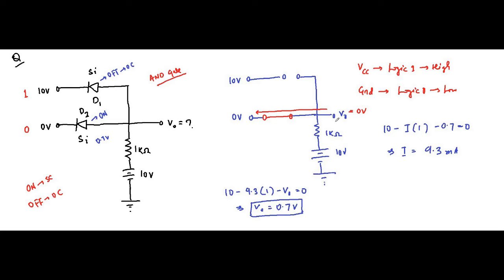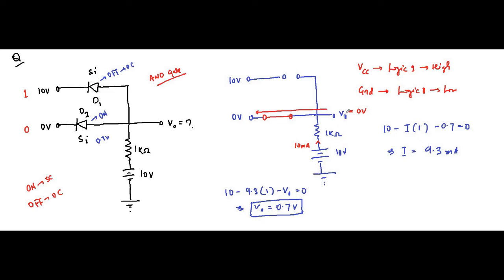Another way to do it: the current which will flow, if we apply KVL, will be 10 volt by 1 kilo ohm, which is 10 milliampere.